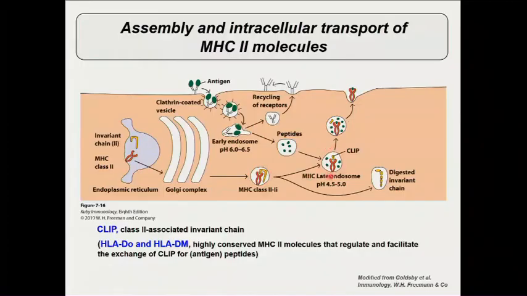But then in other types of vesicles, the chaperone gets degraded and the affinity for the MHC protein drops, and then the chaperone, in this case called CLIP, the class 2 associated invariant chain, is replaced by a peptide that comes, in this case here, from the bacterium that was eaten, and then ends up at the cell surface. Is that clear?